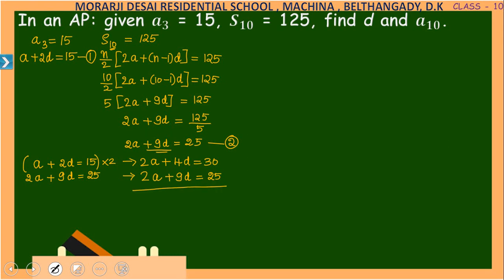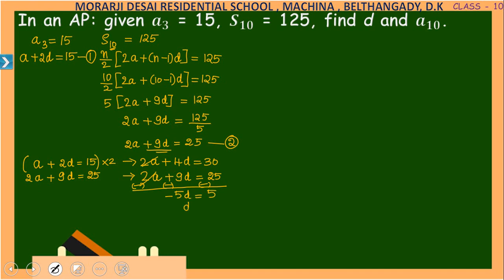Now to eliminate the variable a, we have to change the sign. Here minus, change the sign of all the terms. Plus 2a minus 2a gets cancelled. 4d minus 9d, that is minus 5d, is equal to 30 minus 25, which is 5.